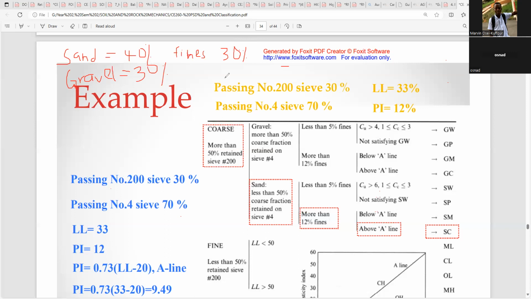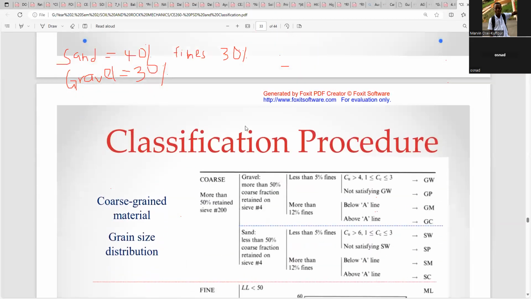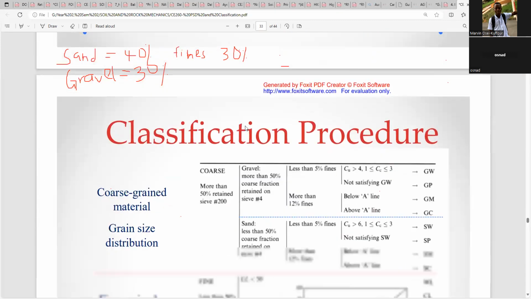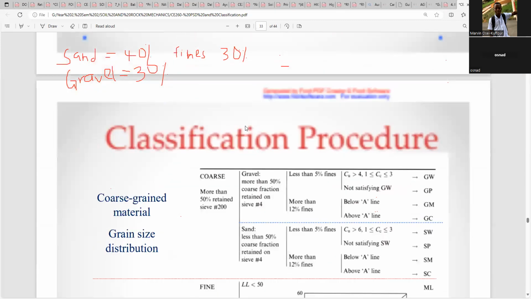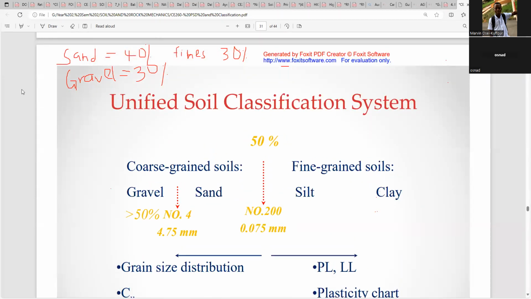Okay. So this is what we have. And what we are going to do is, before we classify it, I told you earlier that the coarse grained soil is comprised of what?